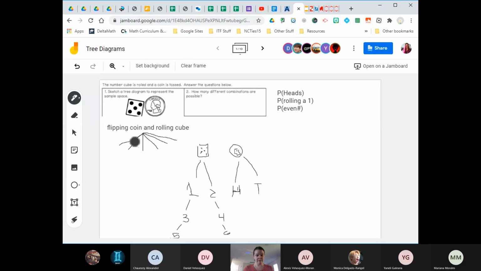Right, there are 6. So I'm going to make 6 branches, and I can roll a 1, a 2, a 3, a 4, a 5, or a 6. Correct? So I've taken care of rolling the cube. I have represented that.